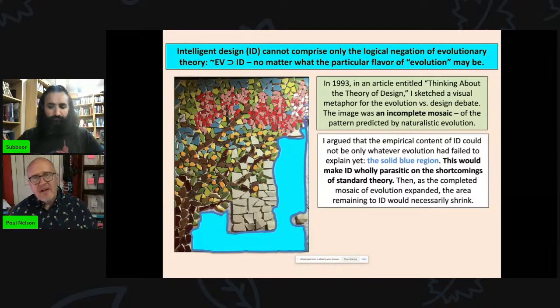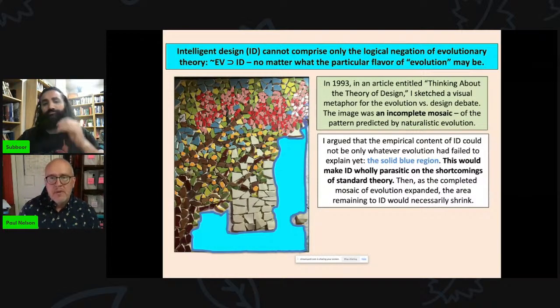So every scientific theory has unsolved problems and open areas. It's in the nature of science to generate such things, right? To come up with new problems to be solved. And evolution as a scientific theory also has unsolved problems. If we say that design is simply whatever evolution hasn't yet explained, that makes design completely parasitic on the shortcomings of the standard theory.